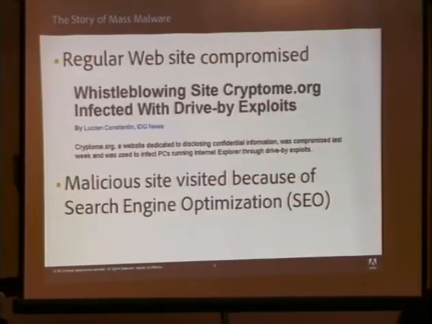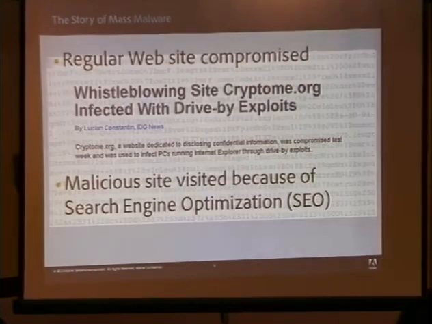So you as a user, you're not too computer savvy, but you use your computer, you browse the web obviously, and one of the sites that you trust is compromised, or you get a link in an email and you click on the link that you don't really know much about, and you're directed to a website that's malicious. Another technique that is used to rank pages in search results higher than legitimate pages is search engine optimization. So whatever the technique, you are directed to a website that is serving exploits.